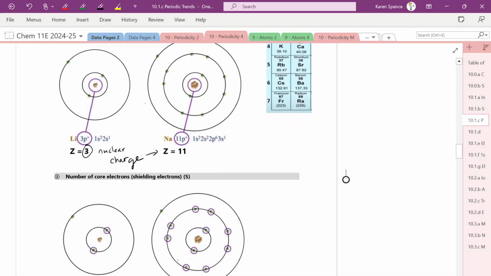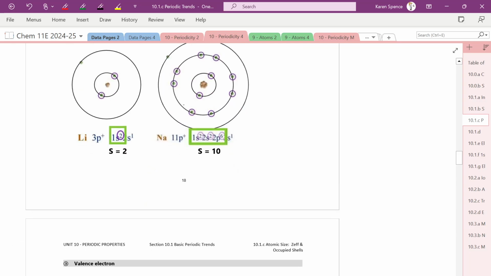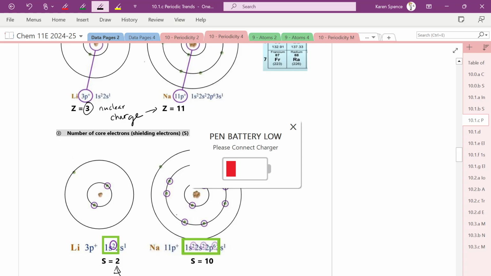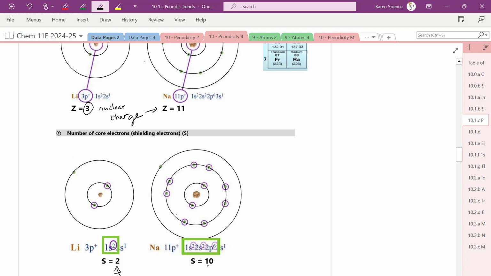So we go from having 2 core electrons to having 10 core electrons. What's the difference between 11 and 3? 8, yes?